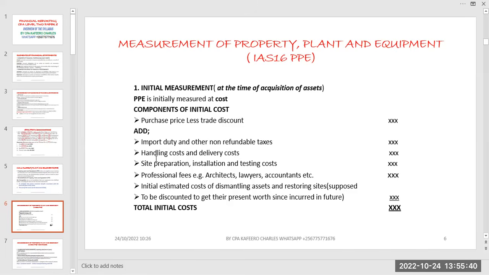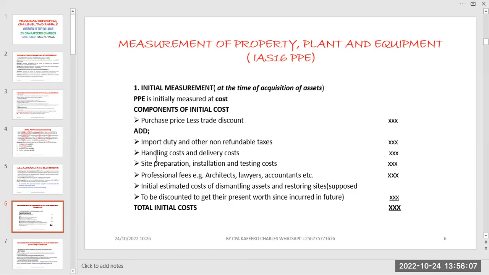Then there are also other costs. If the asset reaches here, it doesn't mean that that asset is going to start functioning. An example, if you buy a new laptop, you may need someone to reoperate the machine so that you can be able to use it.